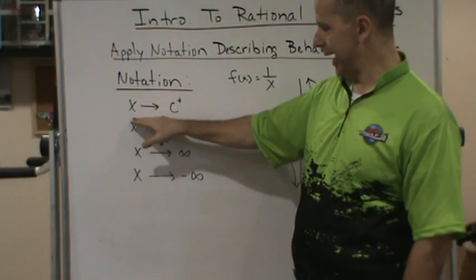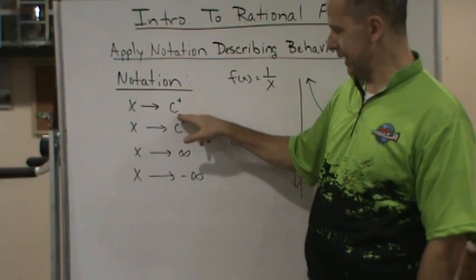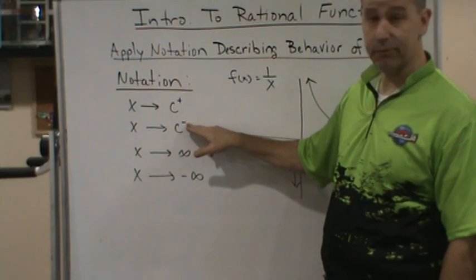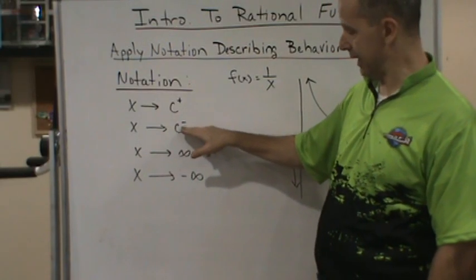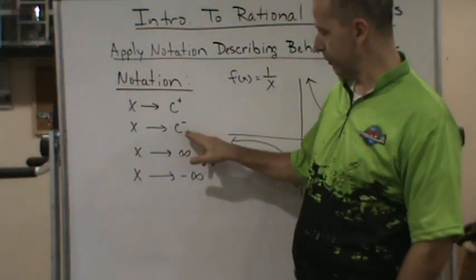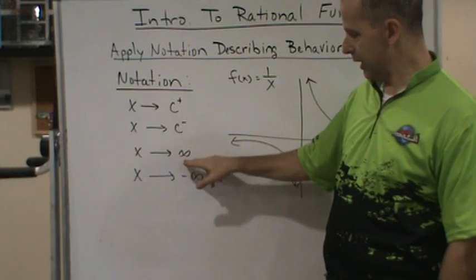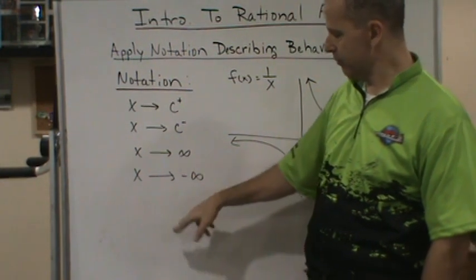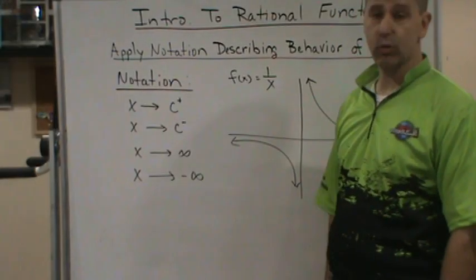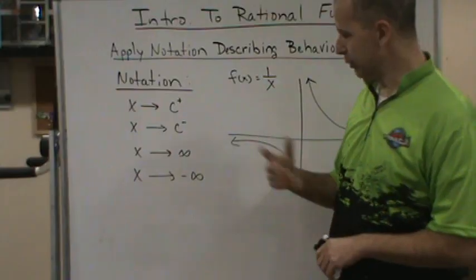Then x approaching c from the left: if it has a negative sign as a superscript, then it's from the left. And then we have x approaches infinity, that's positive infinity, and then x approaches negative infinity. So these are the notations that you're going to want to be familiar with as we move on.